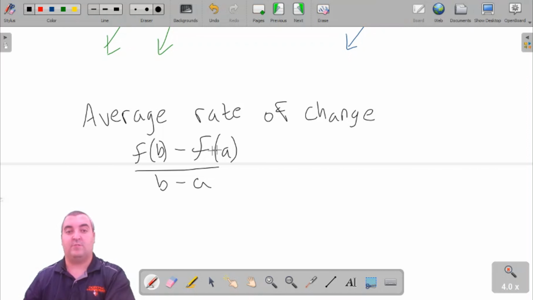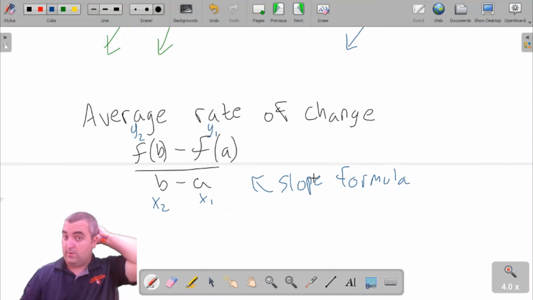If you remember with function notation, it gives you the y value. So this is really y2, this is really y1, and then these are the two things we substituted into the function, which means these are our x's, so this would be x2 and x1. You'll notice it's the slope formula.